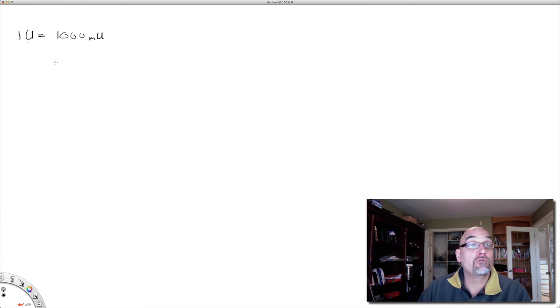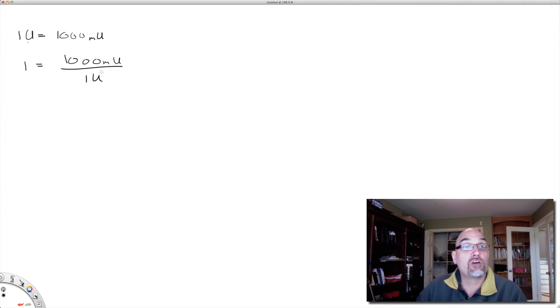So if I want to convert from units to milliunits, I'll divide both sides by units. So 1 is equal to 1,000 milliunits over 1 unit. So if ever I'm given something in units and I need my answer in milliunits, I can use this conversion factor. Just like converting from liters to milliliters, let's say I have 10 units and I want to convert that to milliunits.